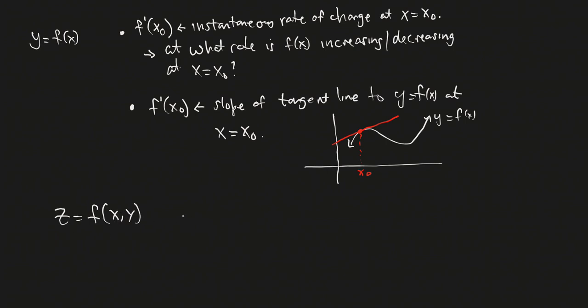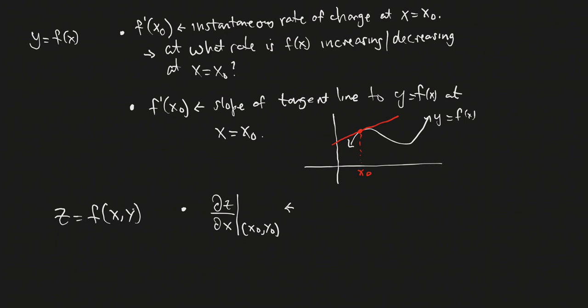So if we have this type of function and I take my first partial with respect to x and evaluate it at an ordered pair, again assuming this exists, then this gives me the instantaneous rate of change of this function with respect to x.